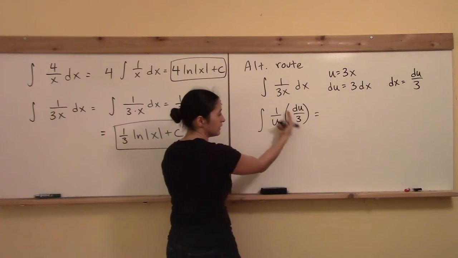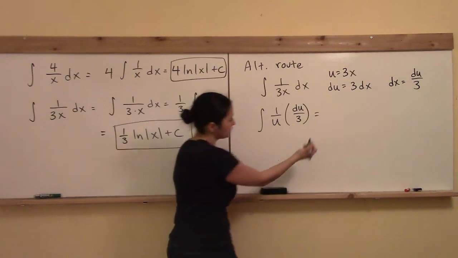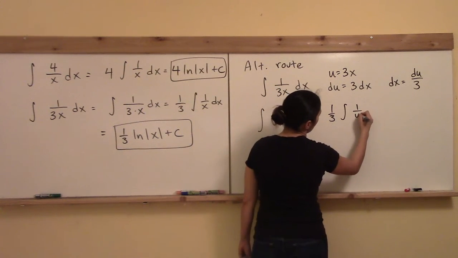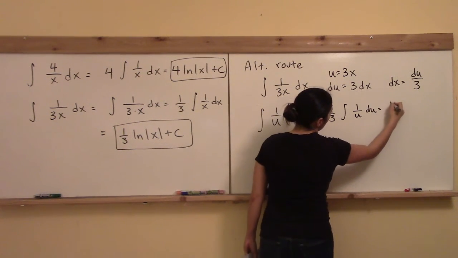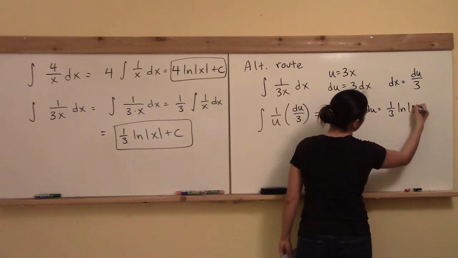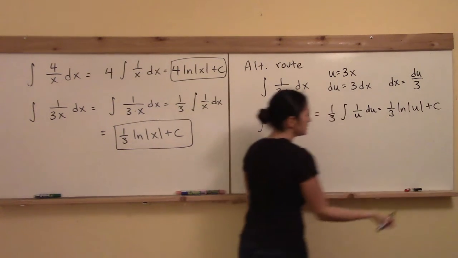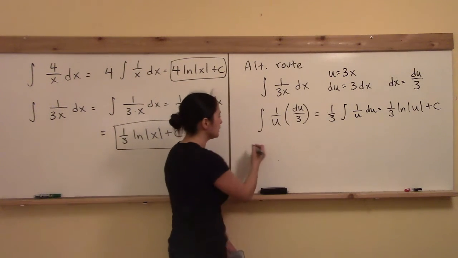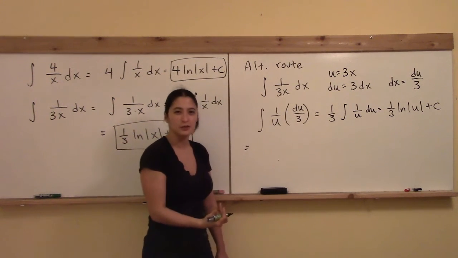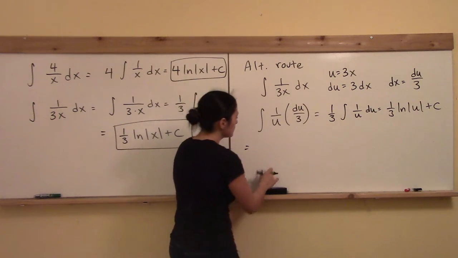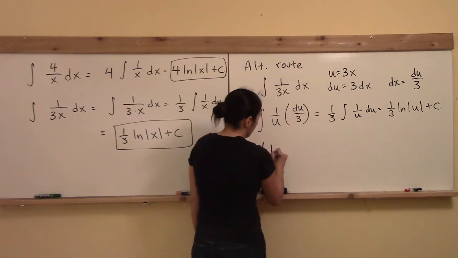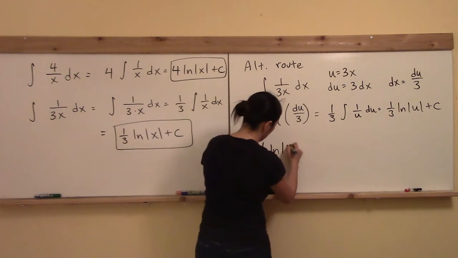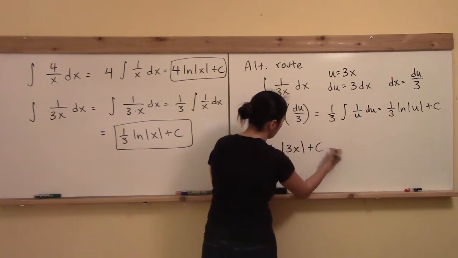Okay, and once again, you see I've got that 1/3 term, that's a multiplicative term, that can just come right outside the integral just like that. Then I'll have 1 over u du, and so that's going to be 1/3 the log of the absolute value of u plus c. Alright, I'm going through this u substitution for practice, so I'm just really good at u substitution by the end of this whole class. The very last step is replacing the u with the function of x that I called it, which is 3x, plus c.